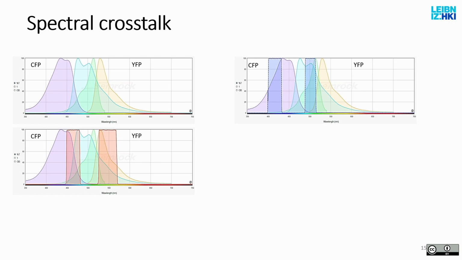And this way, you would say, okay, I'm probably avoiding the crosstalk between CFP and YFP, but you are probably not, because your YFP emission filter still picks up some of the CFP, quite a bit of it actually picks it up. And if you have the RFP on the continuation, that will pick up quite a bit of the yellow fluorescent protein signal. So this is unavoidable.